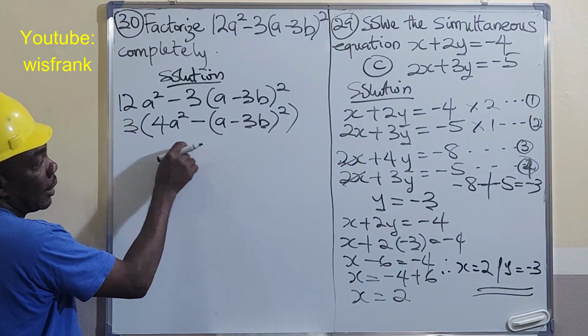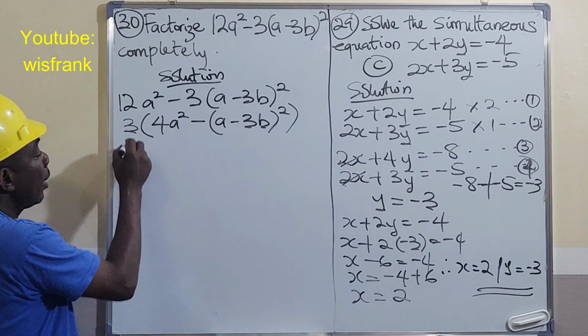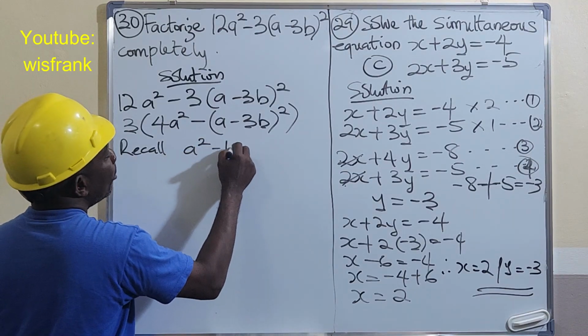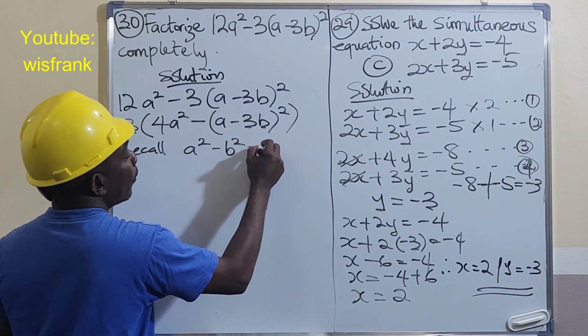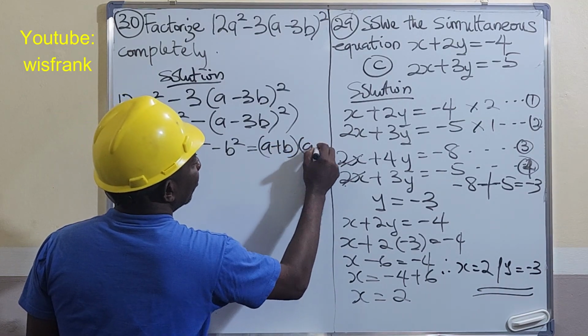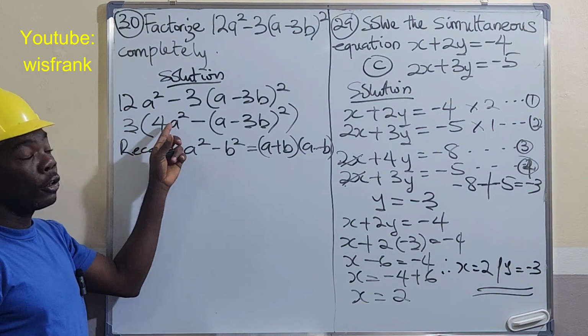As you are looking at this, this is a square, and this is a square, and this is a difference of 2 squares. If we recall that a squared minus b squared equals a plus b into a minus b, let's use this method to break it down.